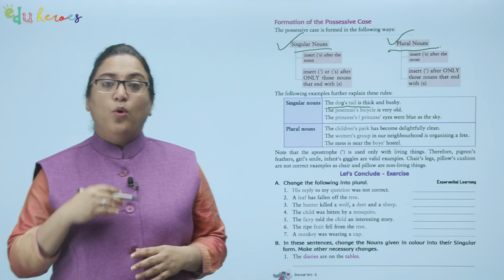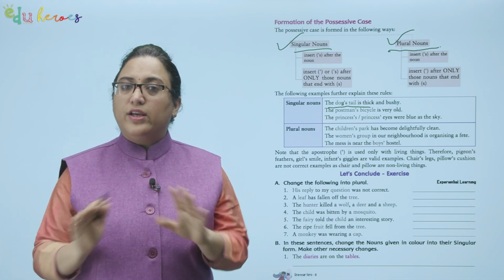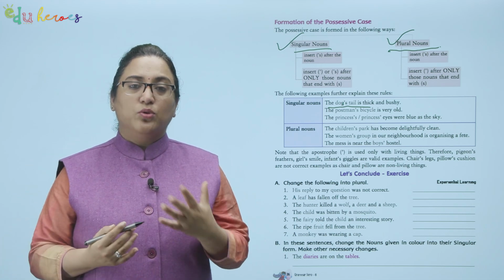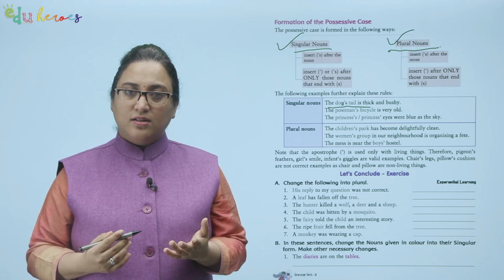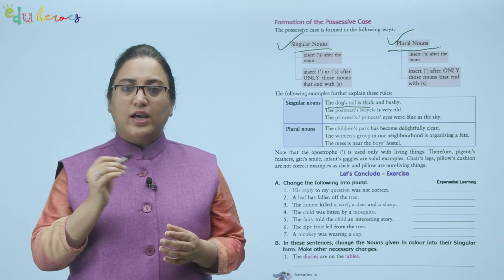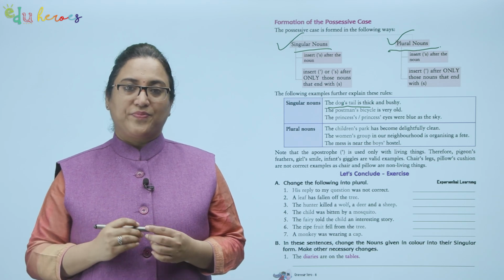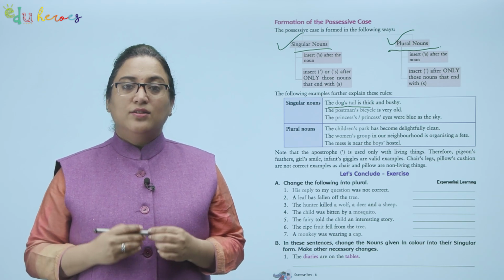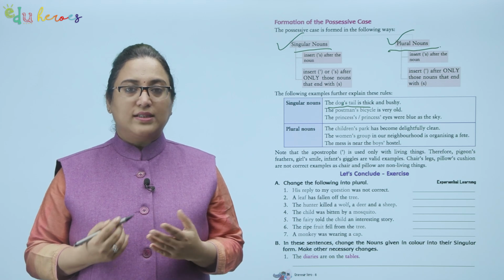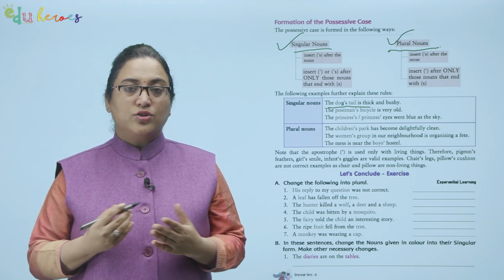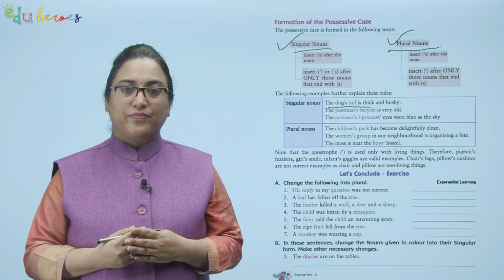Similarly, the postman's bicycle is very old. How many postmans do we have? Only one. Singular. Hence, just put apostrophe and letter s. Similarly, the princess's or princess' eyes were blue as the sky. So here also we followed the same rule.